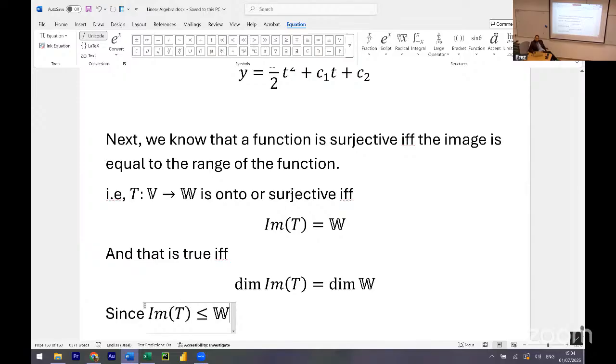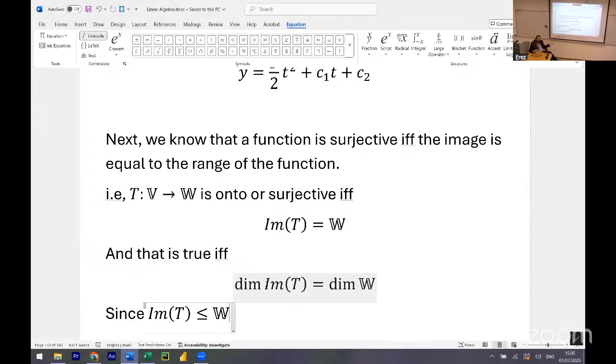So both surjective and injective properties were reduced to a dimension question: a dimension about the kernel, which is the null space, and a question about the dimension of the image, which is the column space. So if you know how to do Gauss elimination to a matrix, you know how to answer all these questions. You find the representing matrix, and then you find its rank, which gives you both the column space and the null space dimension together.